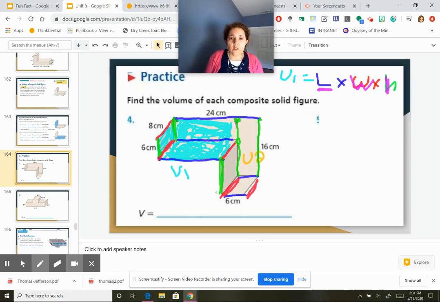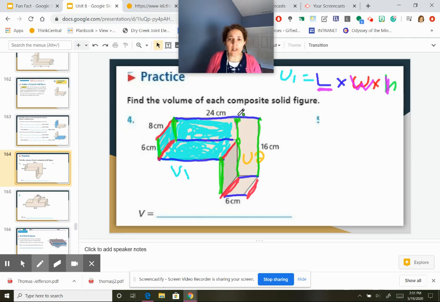All right, so now I've got everything labeled. Now I should be able to just come and look for my numbers. My length for volume 1, this is my volume 1, has a length of 24. So this whole thing is 24. But my first rectangular prism ends right here.